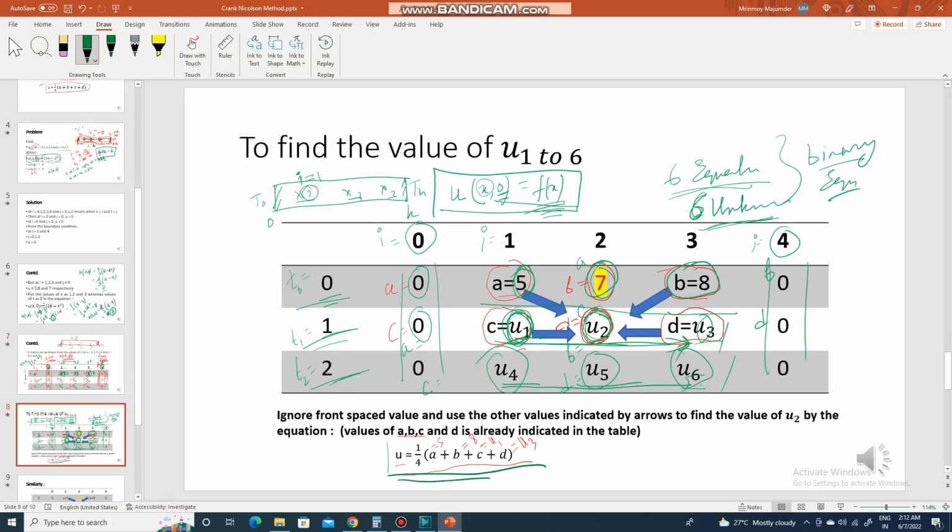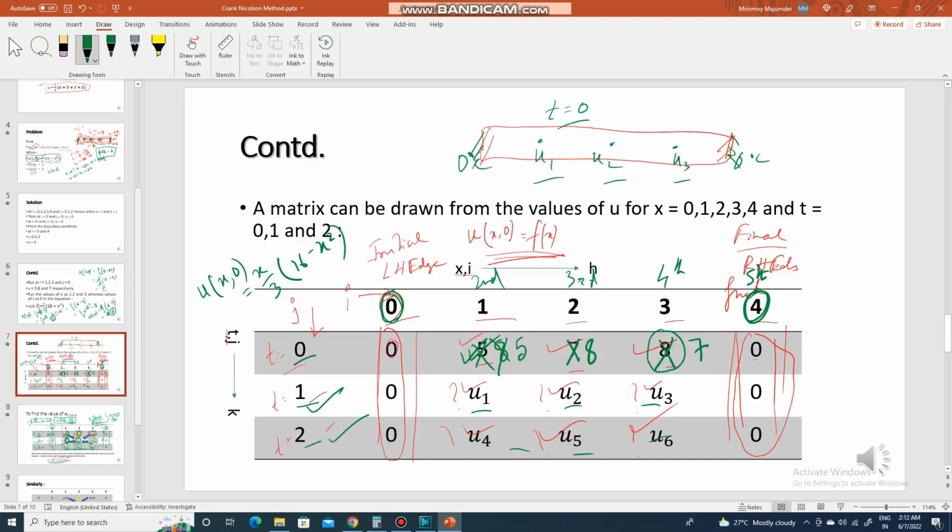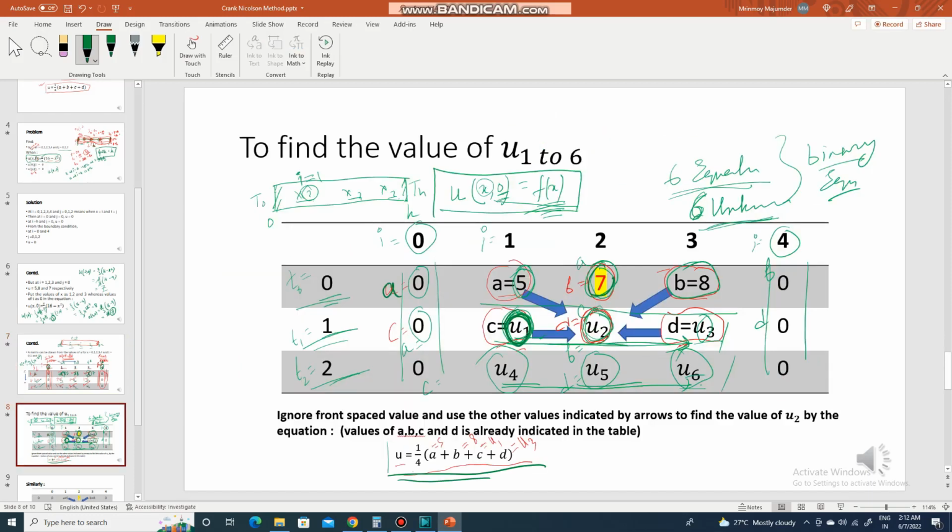So first let us see, we take this first term u1. So this 0 will be your a, this 7 will be, this is not 7 actually, this is actually 8. So this is the mistake.